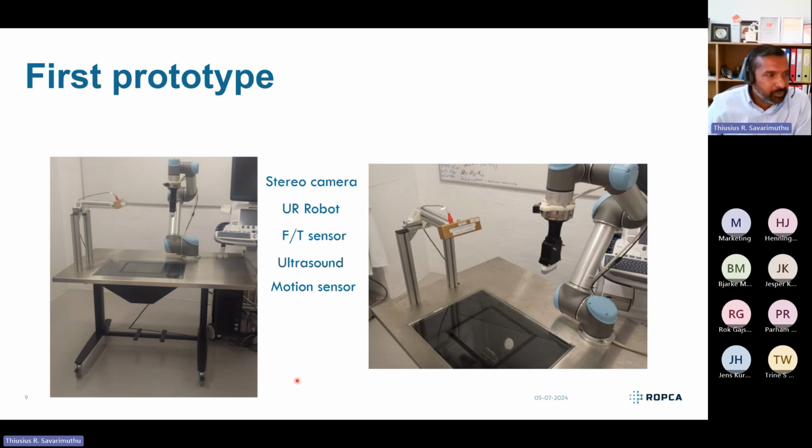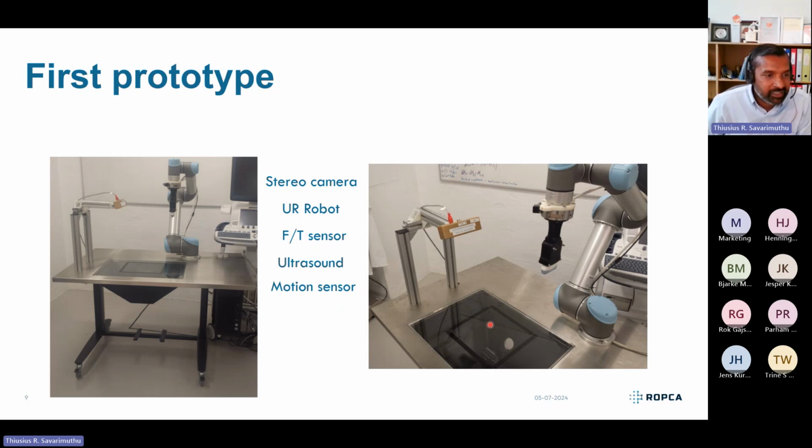The first platform had a stereo camera looking from above down on a glass plate here, where the patient or the test subject. At this point, we did not have any patients being scanned by the robot because it was purely a research platform.